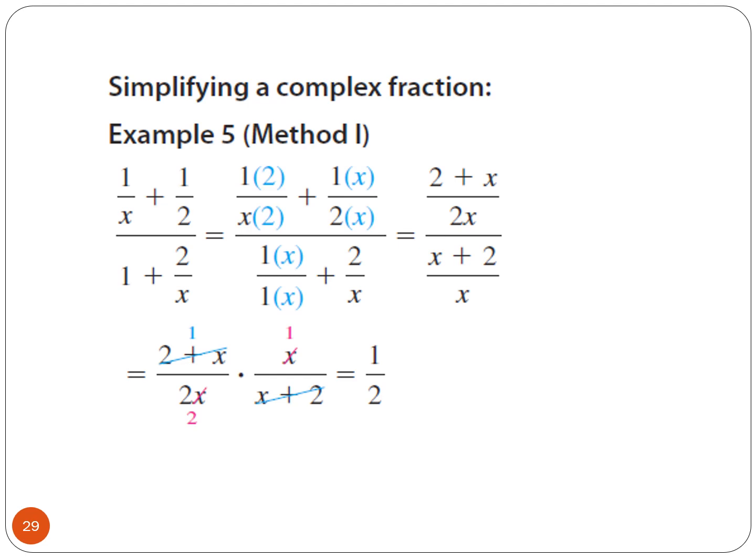Start with the numerator. Try to take a common denominator for those two fractions. For 1 over x, you should multiply both top and bottom by 2, which is the denominator of 1/2. 1 times 2 divided by x times 2.